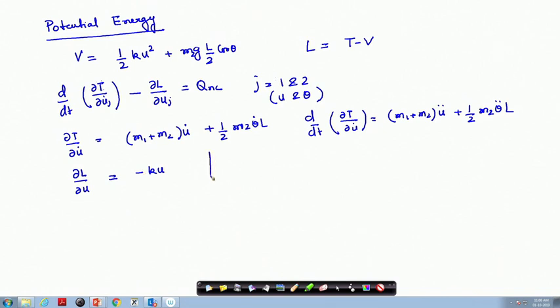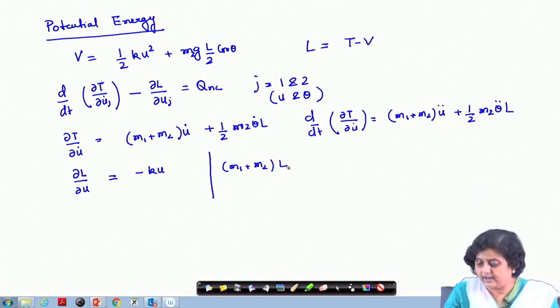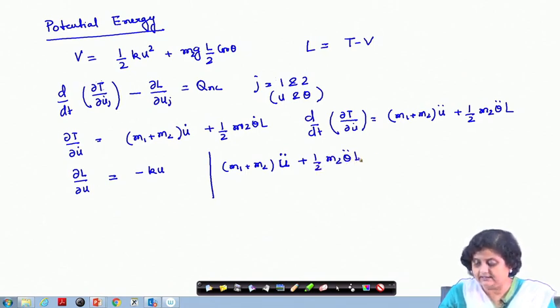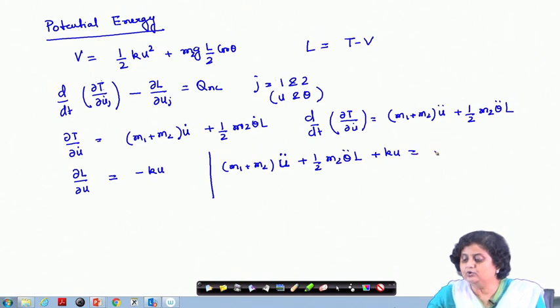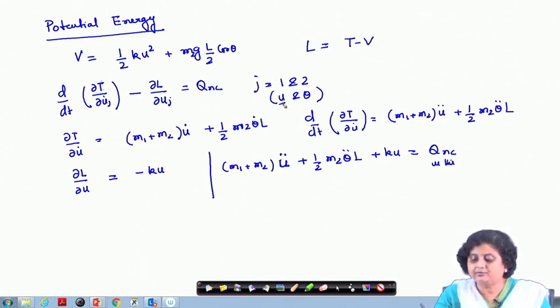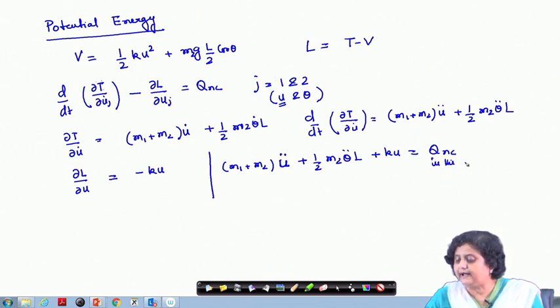Therefore, the equation of motion for the first degree of freedom is going to be m1 plus m2 into u double dot plus half m2 L theta double dot plus k u. Now the right hand side is not equal to 0. The right hand side is equal to the non-conservative Q in the direction of u, because this is the equation of motion corresponding to u.